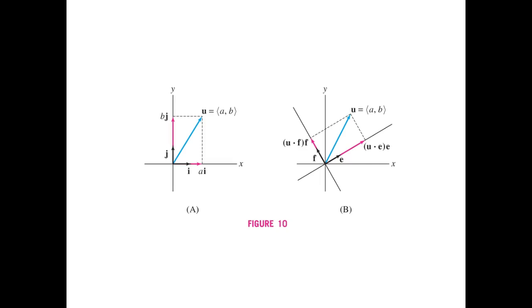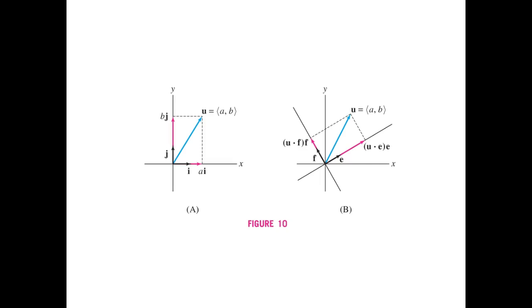Okay? Now, if you're talking not about the coordinate axes, but about some other vector v that you're comparing u to, that you're projecting u along, then you talk about its unit vector in this direction being e, and its unit vector perpendicular being f.